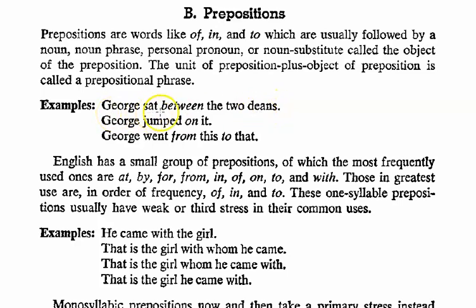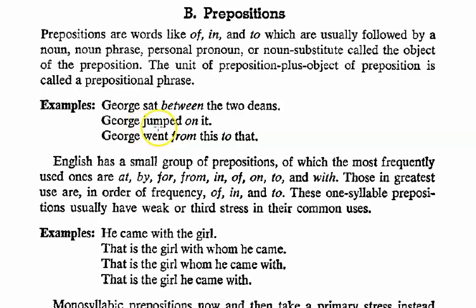George sat between the two deans. Between is the preposition, and the two deans is a noun phrase that must come after the preposition. So between the two deans, we call it a prepositional phrase. It has a preposition. This is obligatory. And the two deans is a noun phrase, and this is also obligatory. It cannot be deleted.